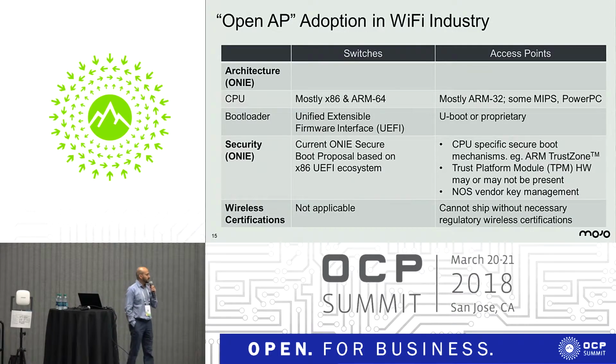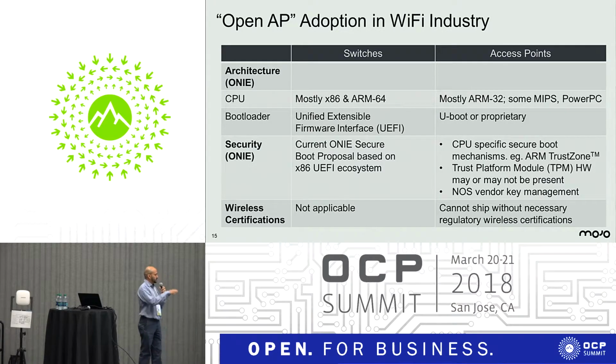With respect to adopting open APs in the Wi-Fi industry, there are three main issues that we need to talk about. The first two are related to ONIE, and they have to do with the architecture and security. And the third one has to do with wireless certifications, which obviously is a non-issue for Ethernet switches. These are some of the differences in terms of what CPUs are used in switches versus access points.